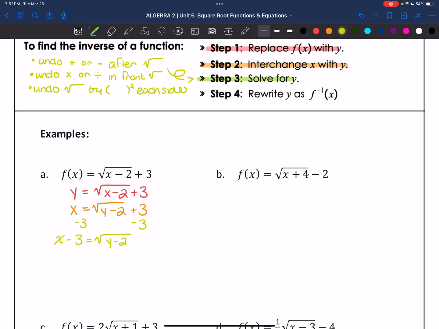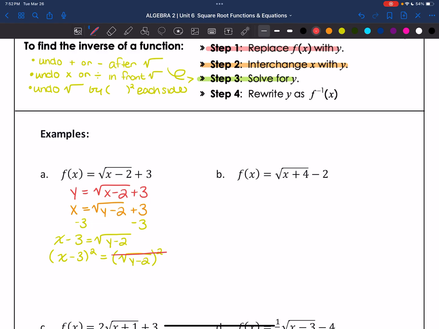So I'm going to go ahead and take the square of each side, just like that. That is going to be the opposite operation of taking the square root. So that's going to cancel out on that side. My square root, it undoes it.